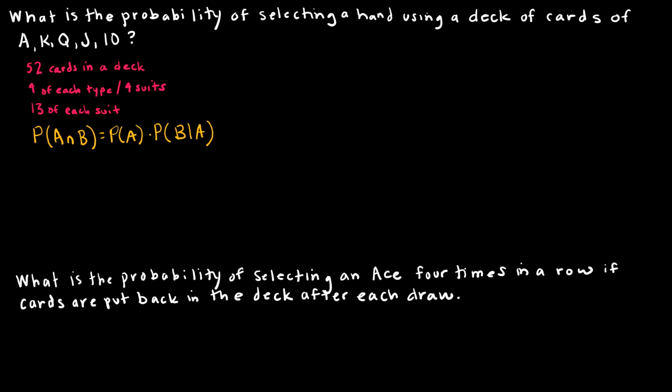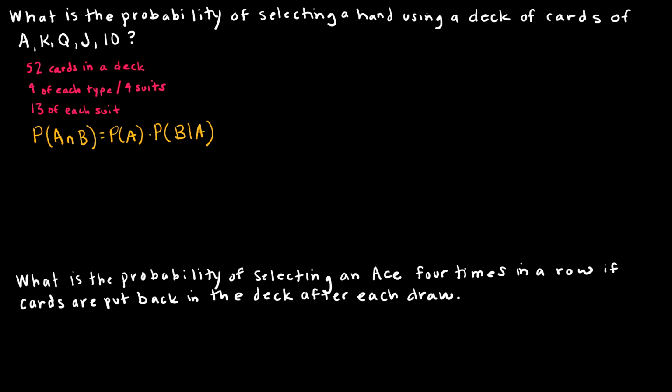I want to talk about this question, the probability of selecting a hand of 5 cards. Of course, that would be like a poker hand, for those of you who play cards, that has an ace, king, queen, jack, 10. So I'm not worried about the specific suit of the card. I'm saying any of the aces, any of the 4 kings, any of the 4 queens, etc. So most students would correctly begin this question.